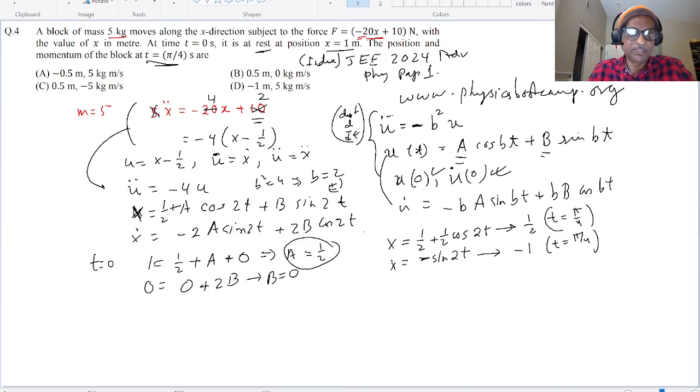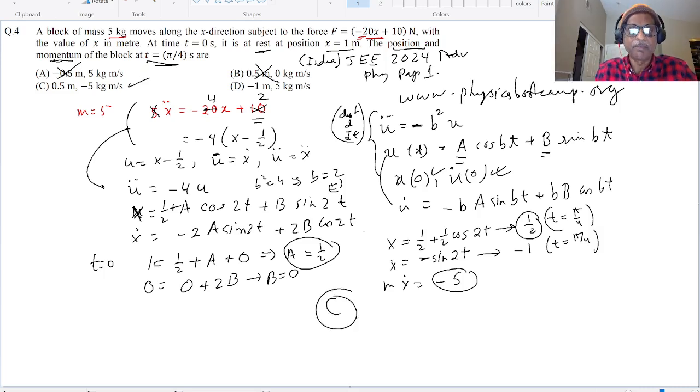But this is also momentum, so I have to multiply by m, so the momentum is minus 5 and the position is half. So this is of course not the case, so it's only B and C, and this is not the case, this is the case. So C is the answer.